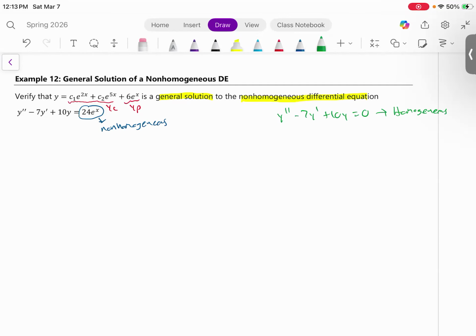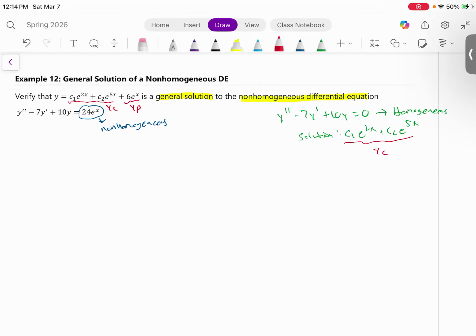So now I have a homogeneous differential equation, and it's given to us that a solution is C1 e to the 2x plus C2 e to the 5x. So just a little refresher on what makes it homogeneous, how the complementary solution relates to that, and what makes a differential equation non-homogeneous.